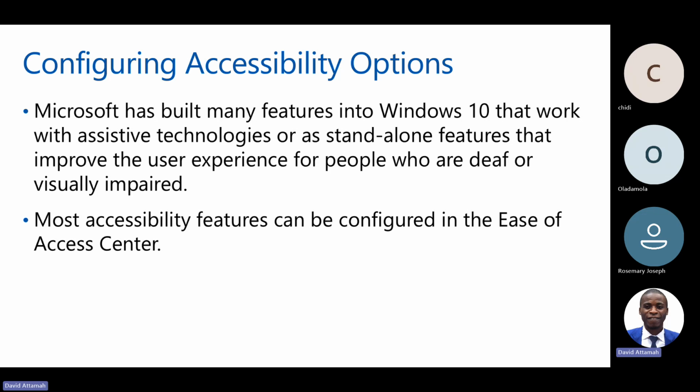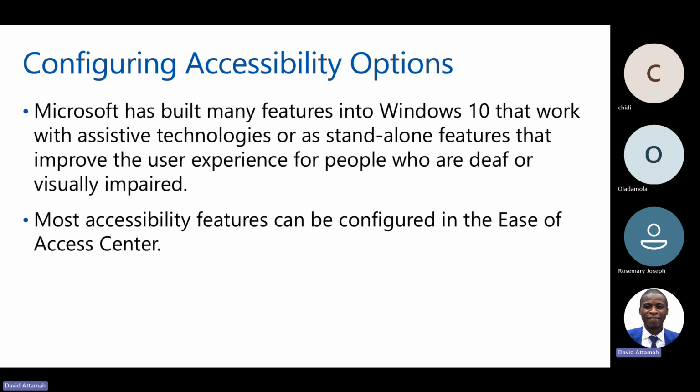So there's something called accessibility. This mostly comes up when you talk about people who are visually impaired, people who can't see. There is a feature on Windows, like Cortana for instance, there is also something called a narrator.